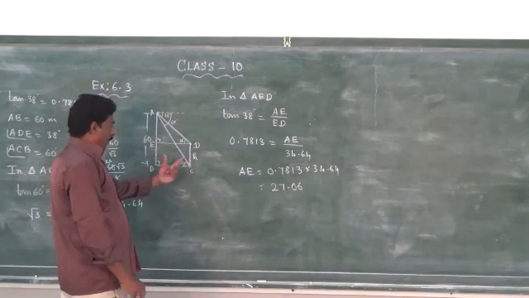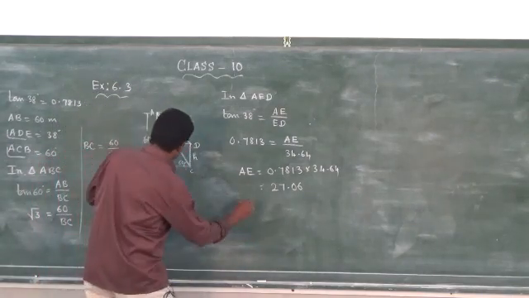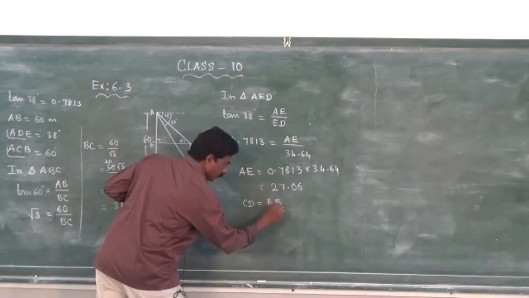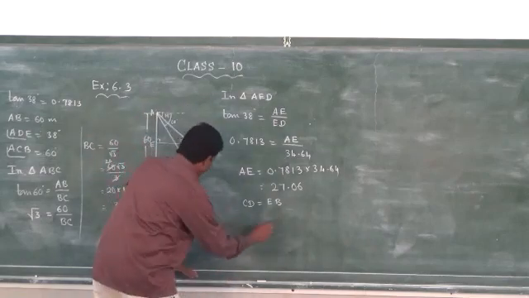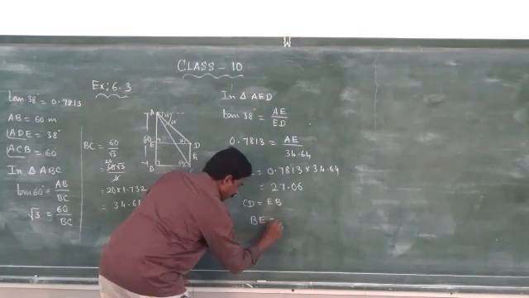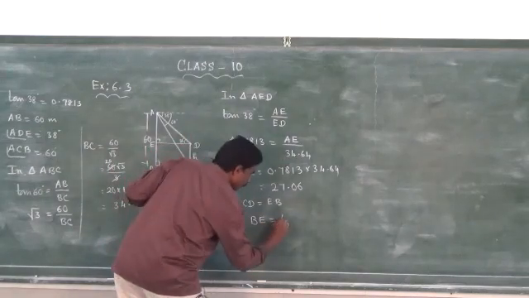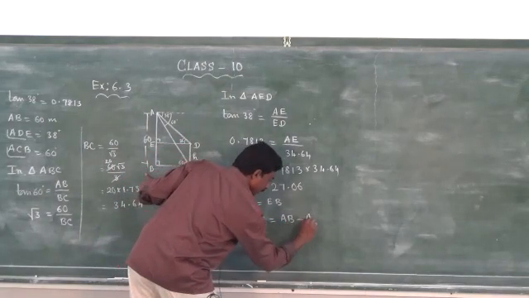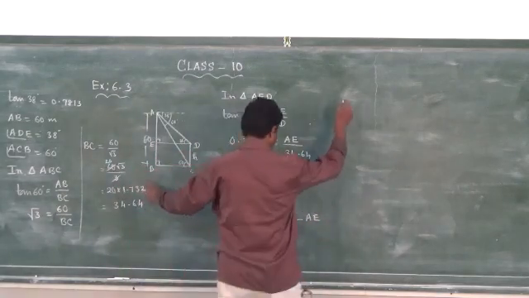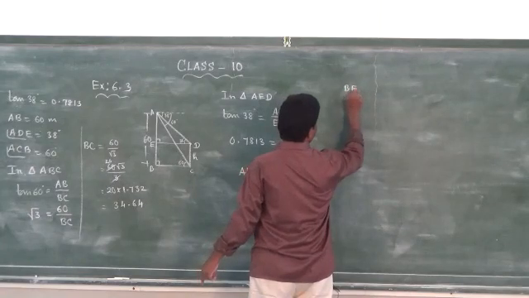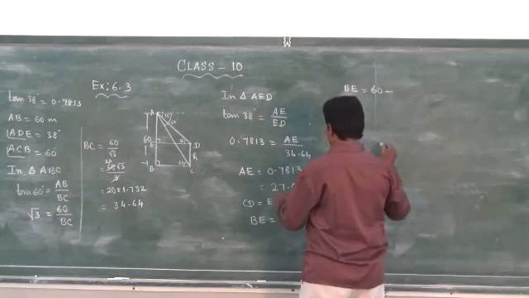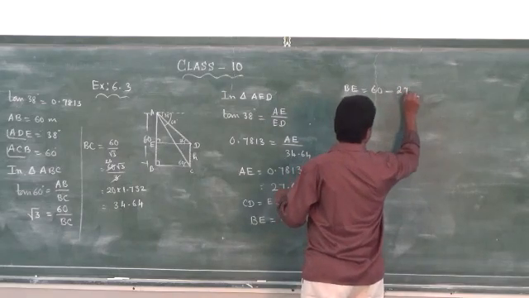What is our question? You have to find CD. CD and EB are equal. CD is equal to EB. So from here, what is BE? BE equal to AB minus AE. What is AB? AB is 60, minus AE. AE just now we found 27.06.